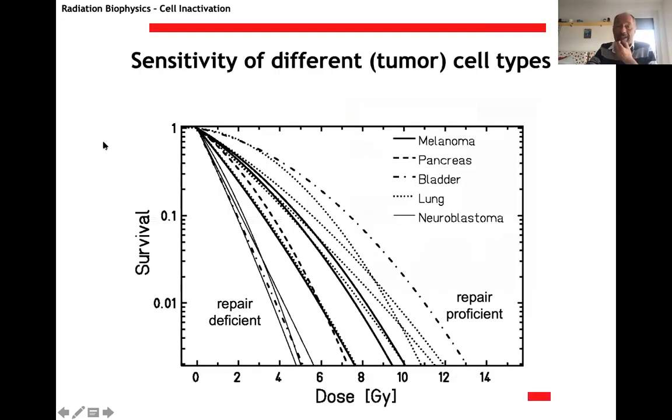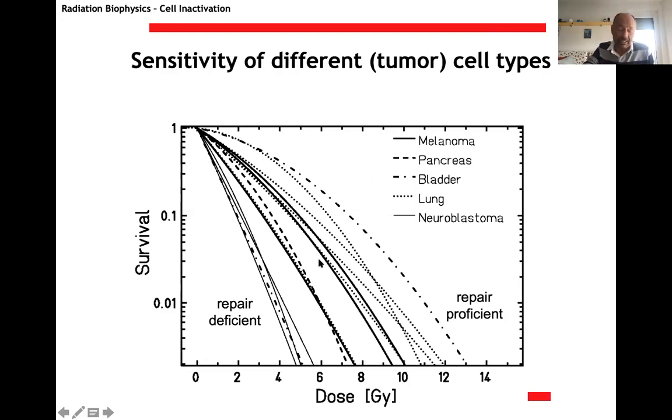Of course, as I told you, the alpha beta ratio characterizes very easily the radiosensitivity of the cells. You see, repair proficient cells tend to have a low alpha beta ratio, a very pronounced shoulder, and instead repair deficient cells down here have an alpha beta ratio so high that essentially beta is 0. You also see different tumor cells that have different sensitivity in vitro.